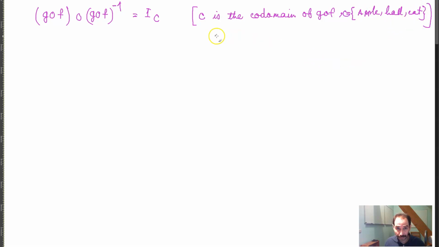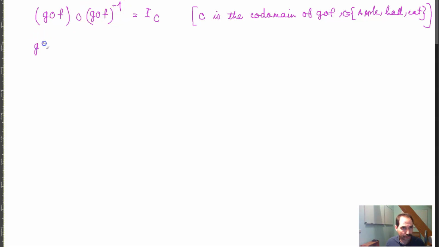So now how do we show that? So we have GOF composed with GOF inverse of the input here is equal to I of C. Now, I need to input the values that can be input into GOF inverse.